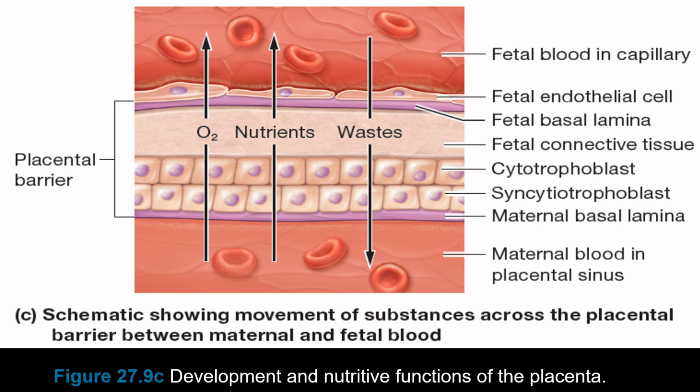Think of this placental barrier as a sort of screen that only allows certain substances to get transfused, or diffused, like gases, nutrients, and wastes, because they're small enough to fit through the holes. Once diffusion has taken place, the maternal blood is now deoxygenated and carrying waste, and it flows into maternal veins and back into the mother's cardiovascular system.